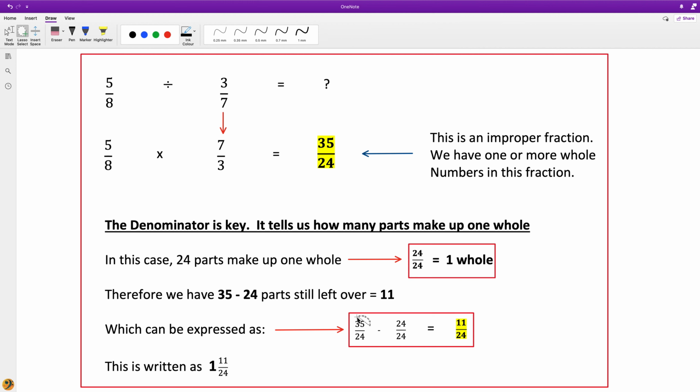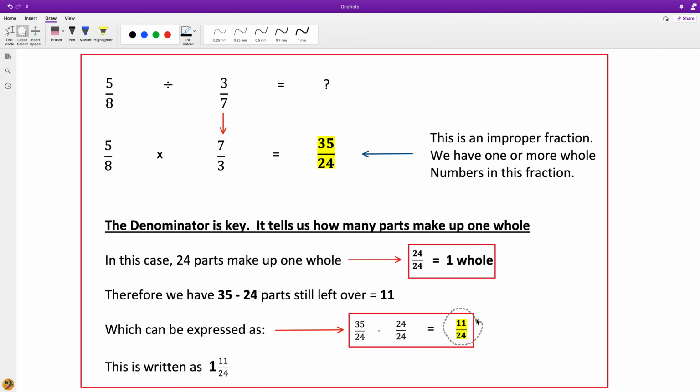We have 35 over 24, which was our final answer here, and then we subtract 24 out of 24, which was our one whole number. And that gave us 11 over 24 left over.